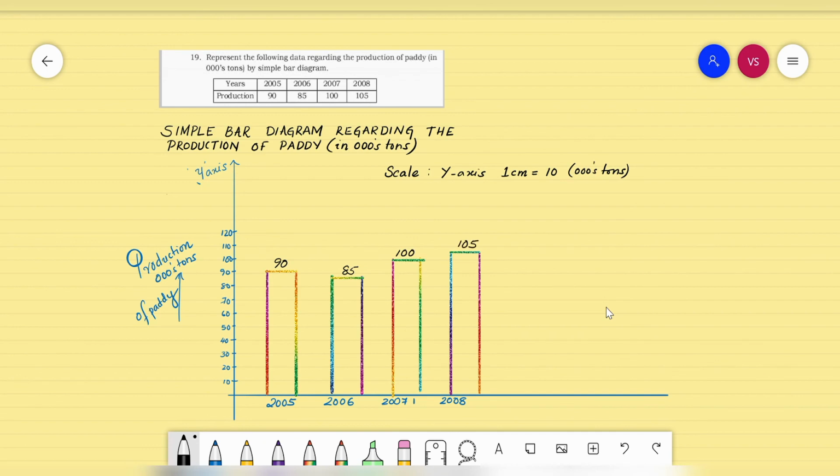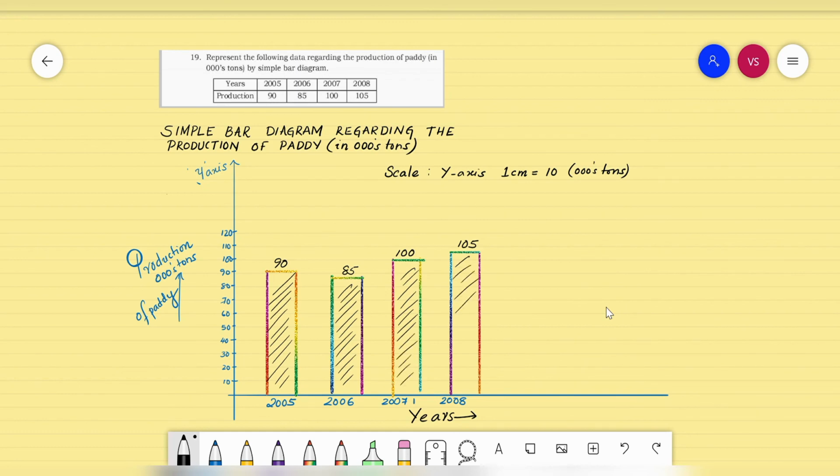So what is there in the x-axis? It's all about the years. So this is how we represent a simple bar diagram, students. I hope you have understood. If you want, you can keep on shading to look more attractive, more colorful, or having more designs, good designs, which attract the readers.